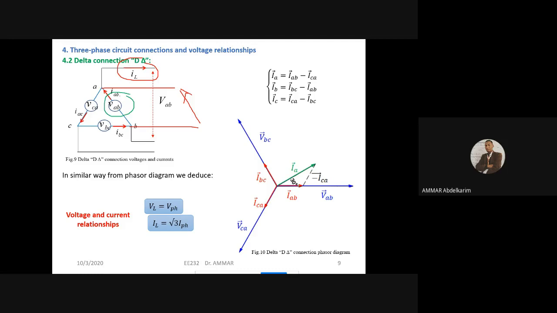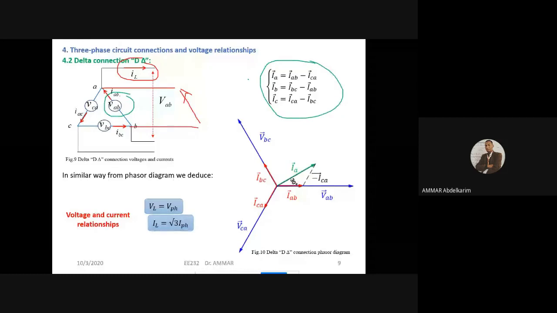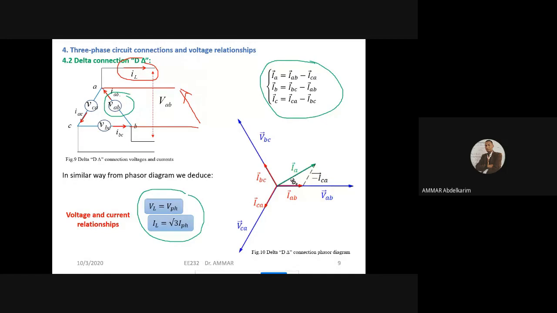Here we do the phasor diagram with currents, not with voltages. Using this relationship of currents, we are going to do the phasor diagram in the same way, and we are going to prove that the relationship of voltage and current in delta connection is vice versa from the Y connection.